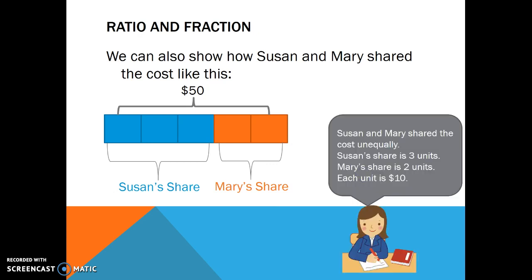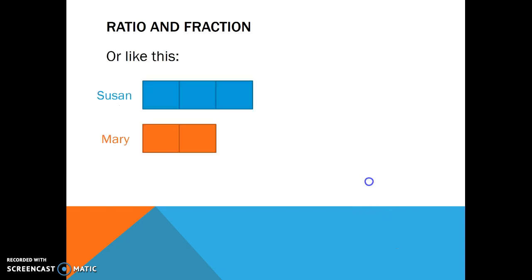So little Sally Singapore there is thinking to herself, Susan and Mary share the cost unequally. Susan shares 3 units, Mary shares 2 units. Each unit is equal to $10. I bet you could also look at that bar model that represents $50 and see that it's split into 5 and work backwards and see that each unit would be equal to $10.